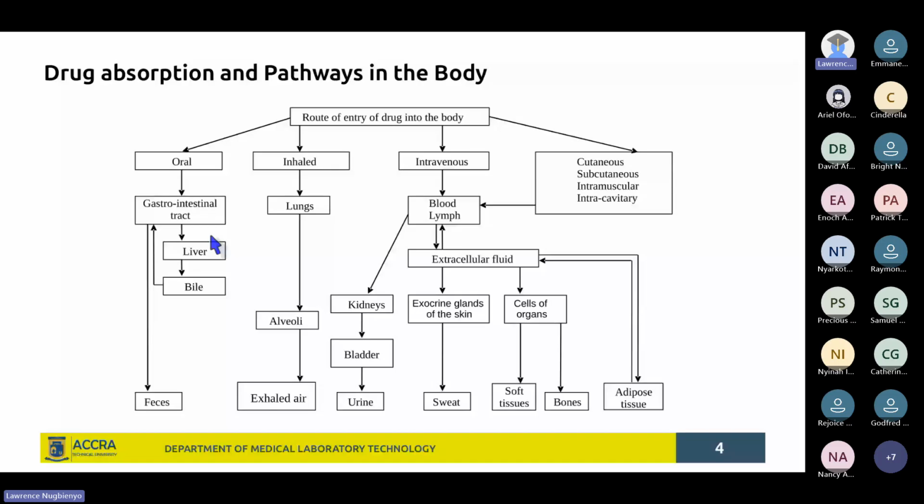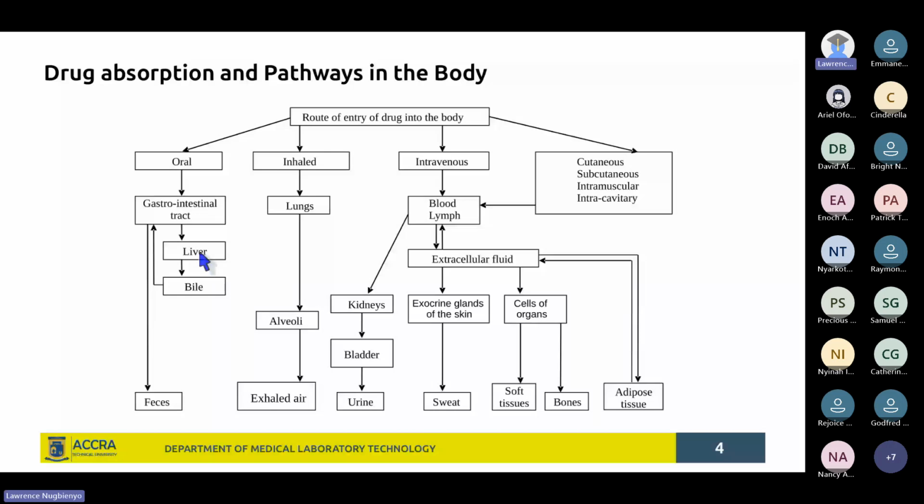Here too, when you take in any xenobiotic, any chemical substance, where biotransformation occurs is the liver. So as the drug moves with the bloodstream, it gets to the liver, that organ which is responsible for the metabolism of the drug.